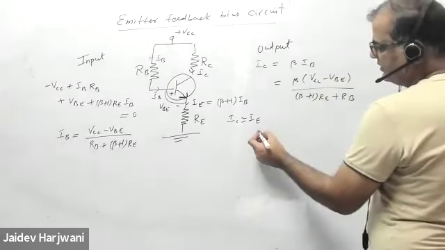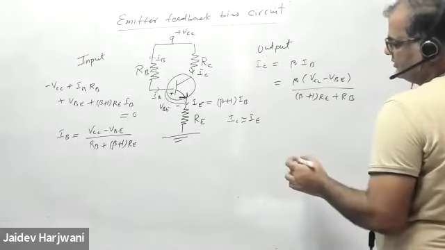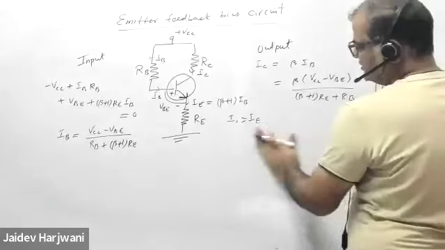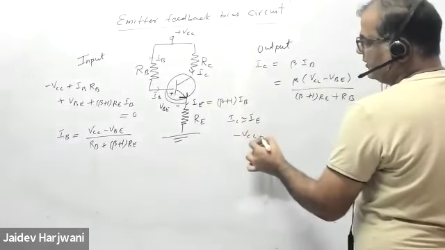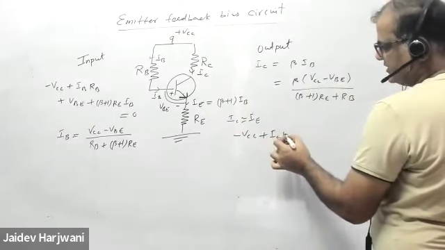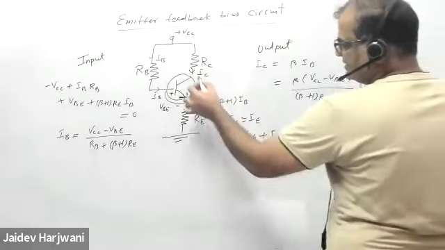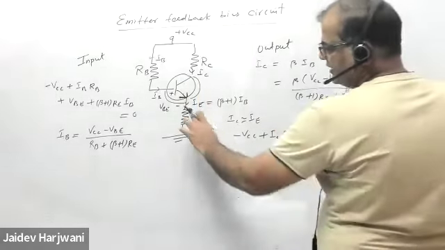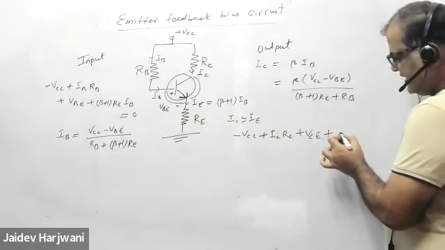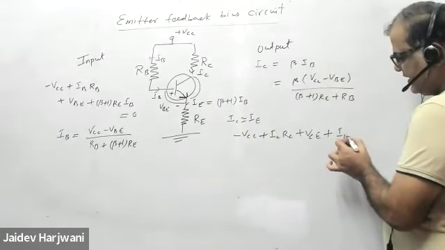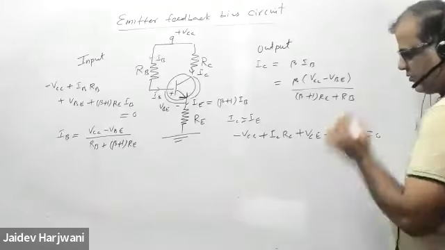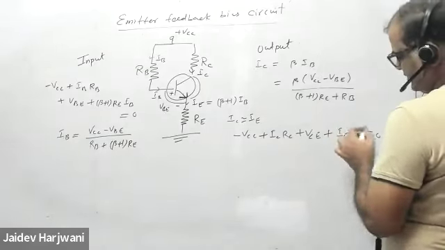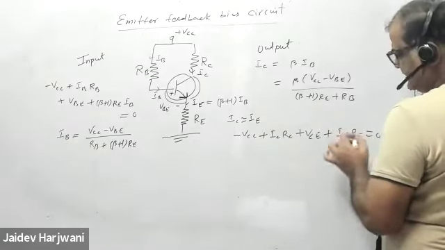And VCE. Now you want to calculate VCE. So first you have to write the loop. In this loop, I'll write minus VCC plus IC RC plus VCE plus IE RE equals to 0. Now IC and IE are almost same. So I can write IC RE.